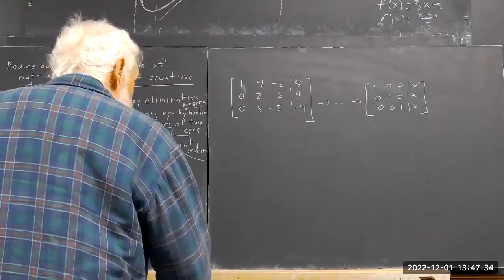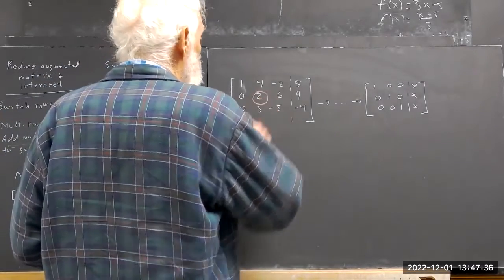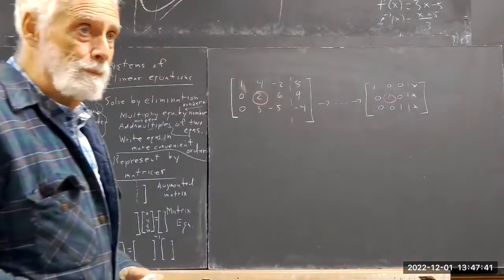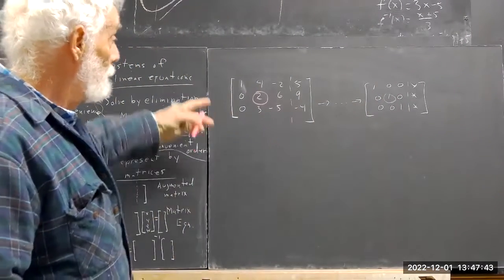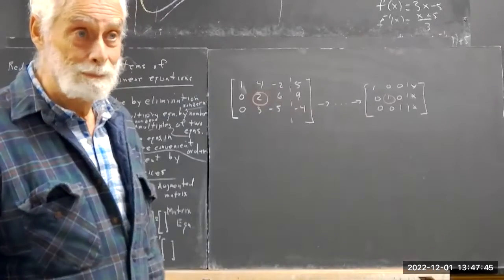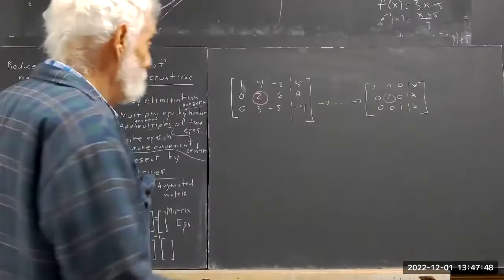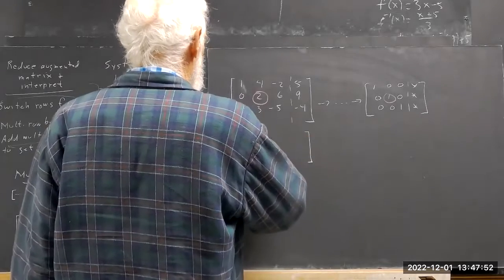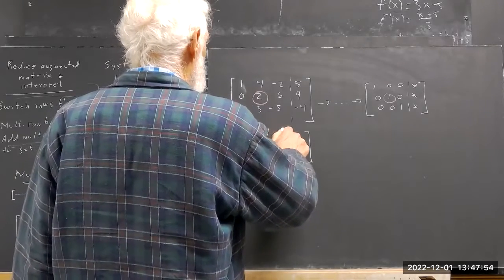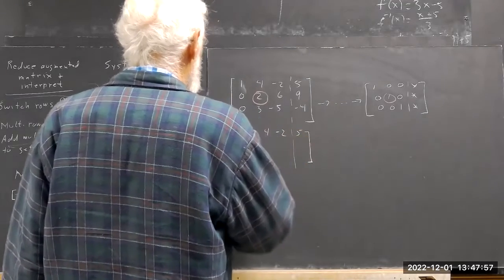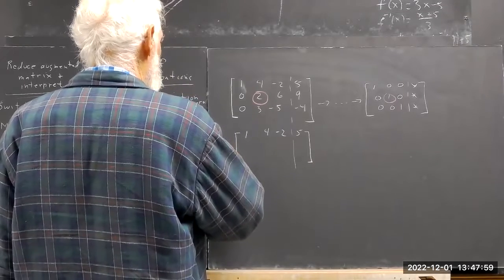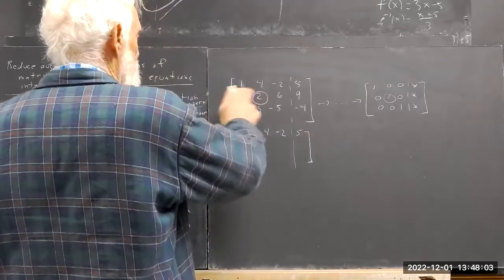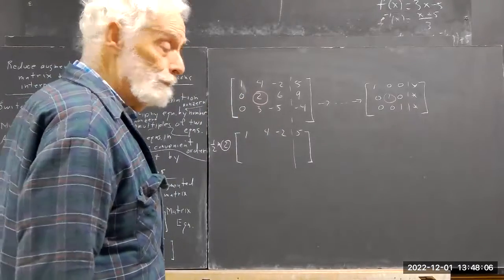Well, the thing we want to concentrate on is this number, and we want to make it into 1. The easiest way to do that is to multiply this row by 1/2. So the way I would write that is we keep our matrix all the same, but we multiply 1/2 times the second row of our previous matrix.